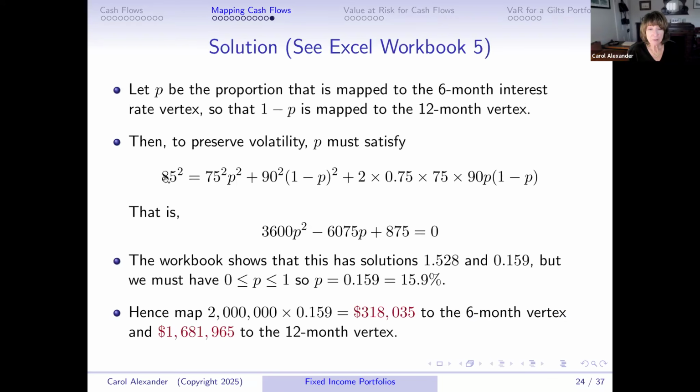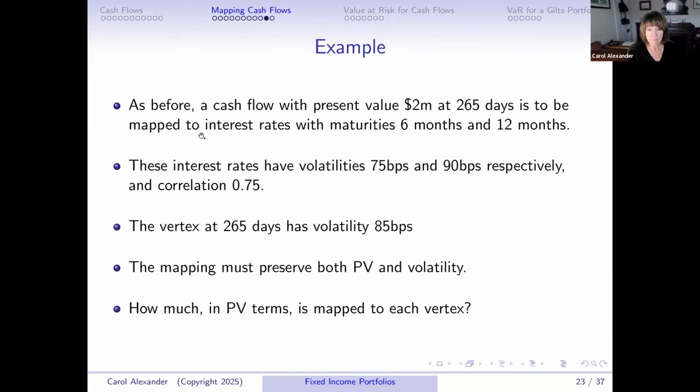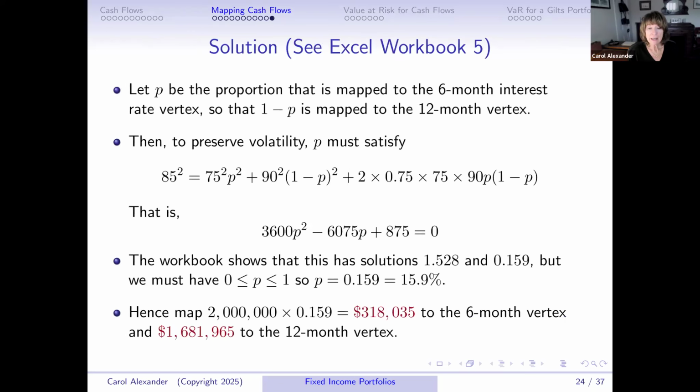And so this is the equation, 85 squared, that's sigma I squared, equals sigma 1 squared times p squared. This is just putting in the numbers in this equation here. And that, when you turn it all around, gives us 3,600 p squared minus 6075 p plus 875 equals 0.